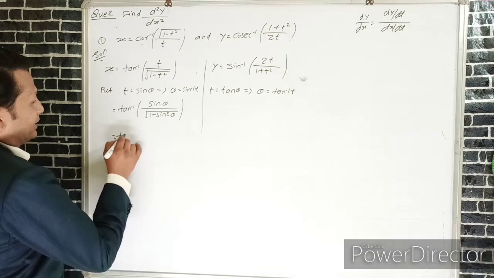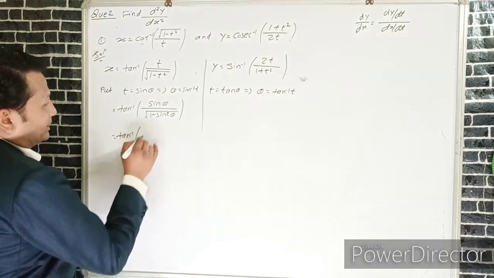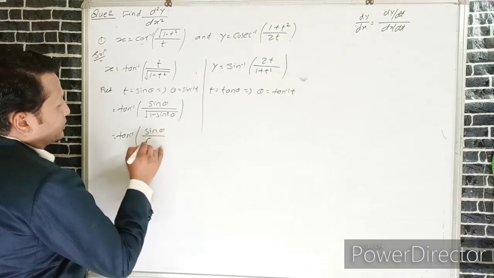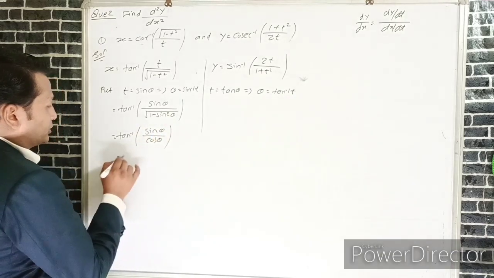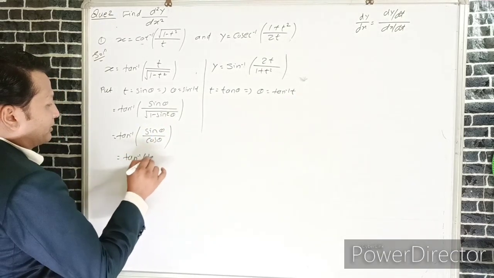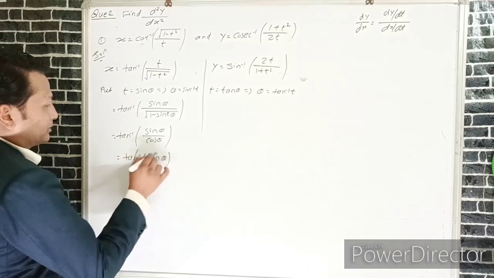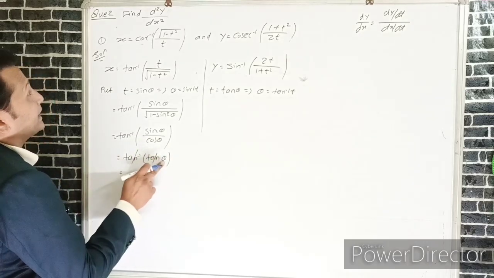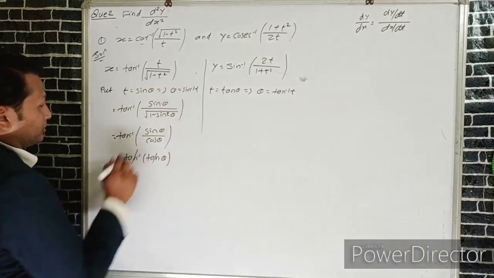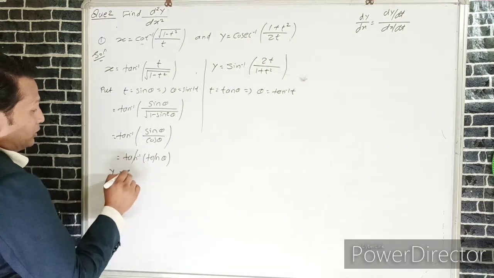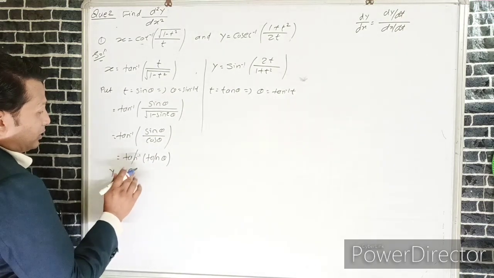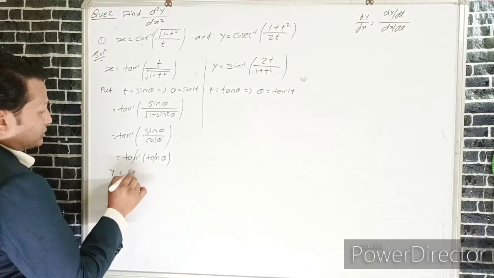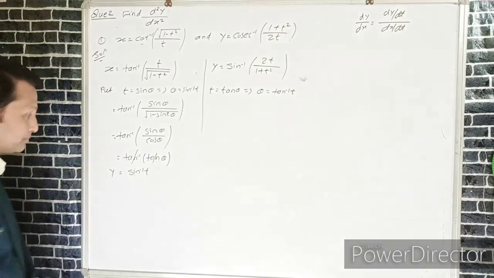We can write it as tan inverse of sin theta upon cos theta, which is tan inverse of tan theta. Here tan inverse and tan cancel, we can write only theta, and the value of theta is sin inverse t, meaning y equals theta, or y equals sin inverse t.